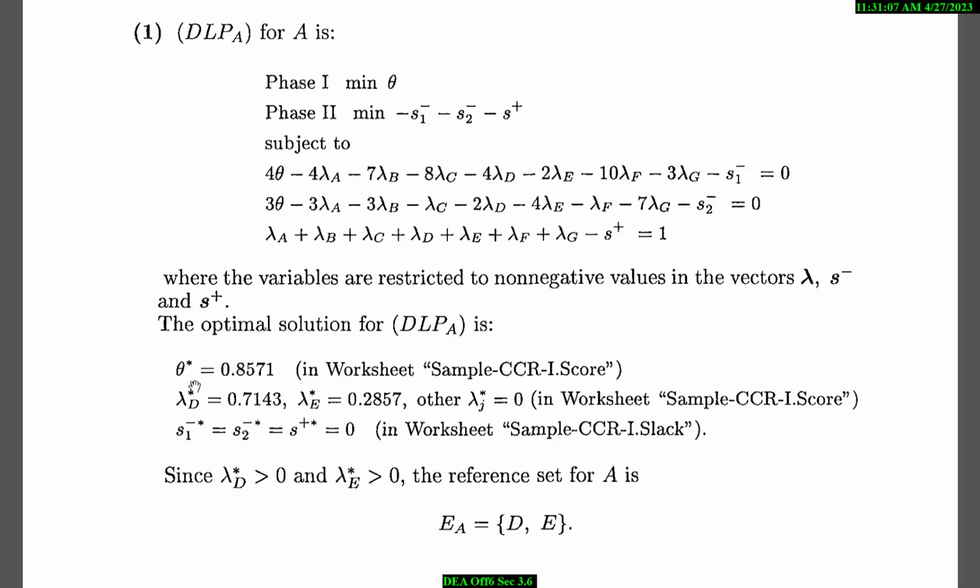And by using the optimal solution, it is seen that the reference set for A is D and E, since only these lambdas are not zero. The max slacks are also zero.